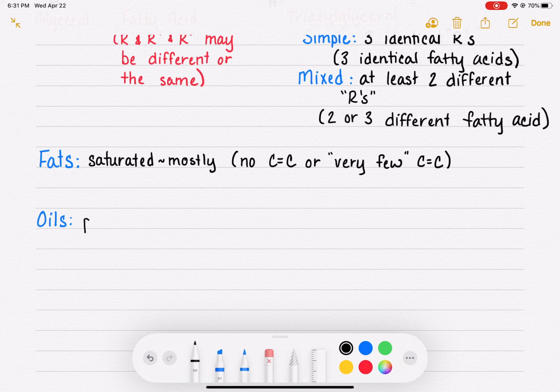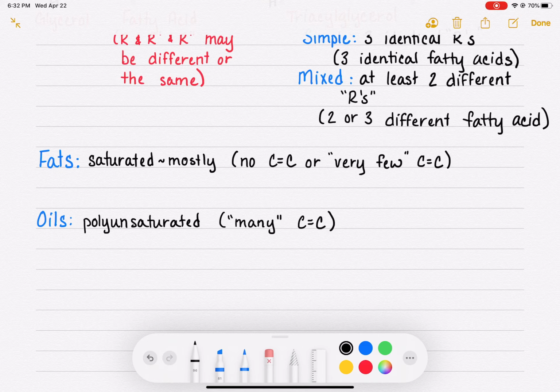Oils are polyunsaturated, which means that they have many carbon-carbon double bonds. But again, we don't have a number to tell you, like, okay, once it hits 10, now it's an oil because it's polyunsaturated. So there's really no actual definition there.